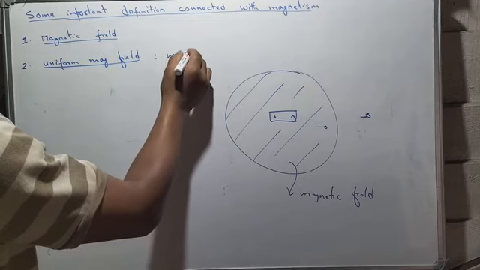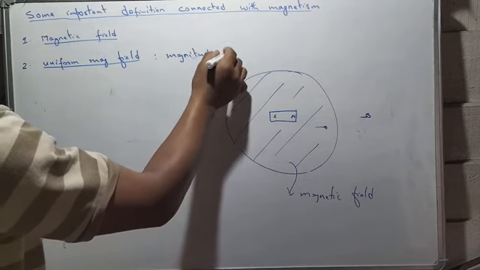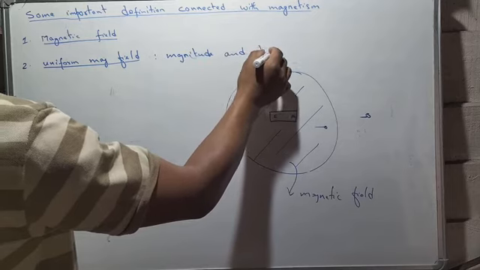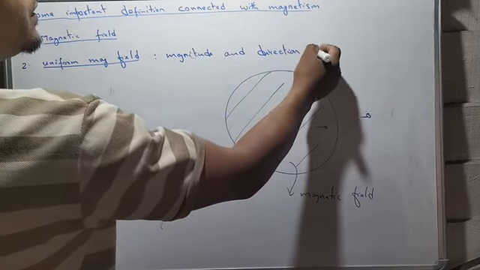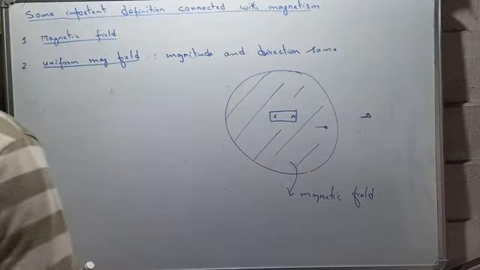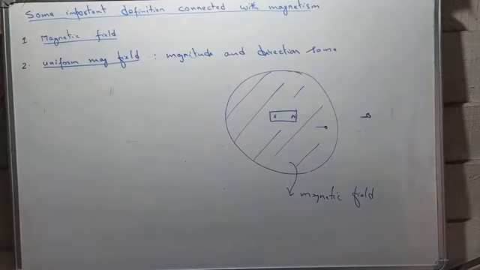Okay, magnitude and direction of the magnetic field is same. Now I will show you three different uniform magnetic fields.